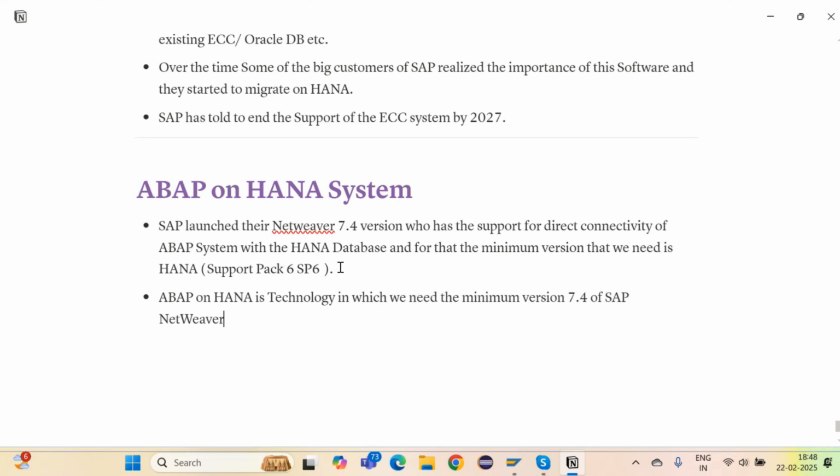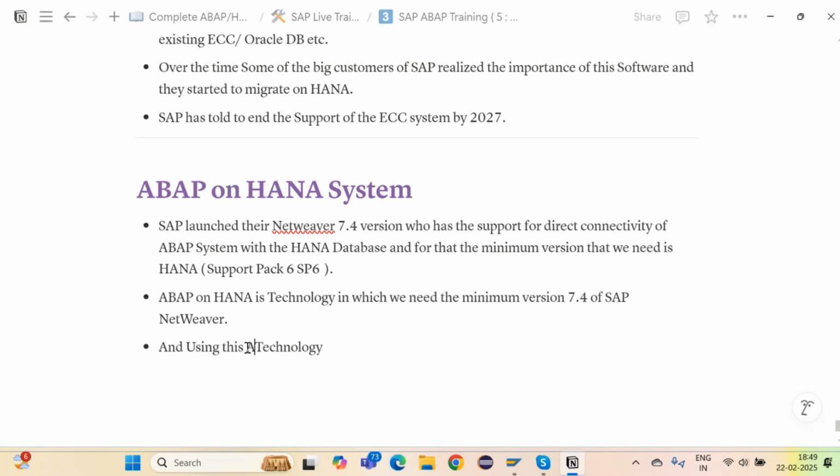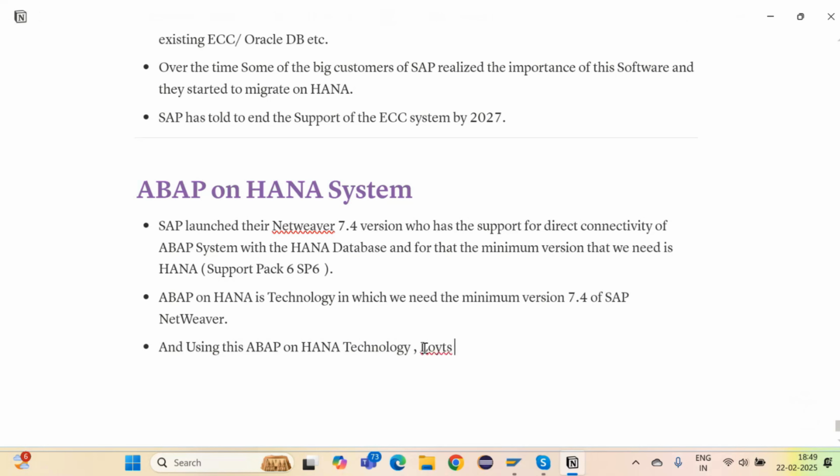ABAP on HANA is the technology, and using this technology, lots of solutions were made by SAP.